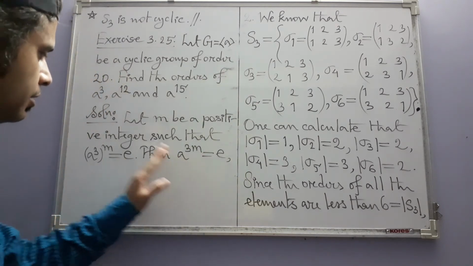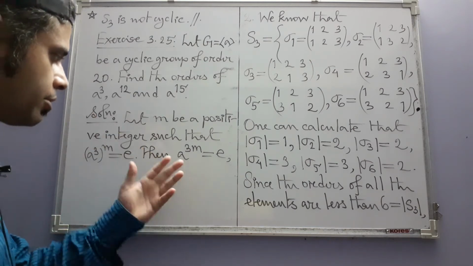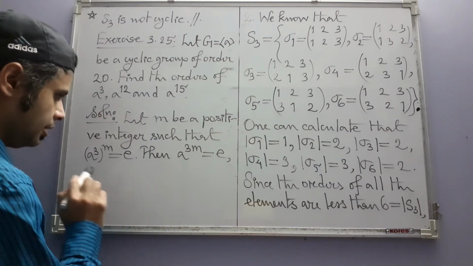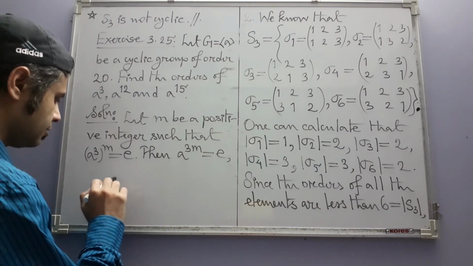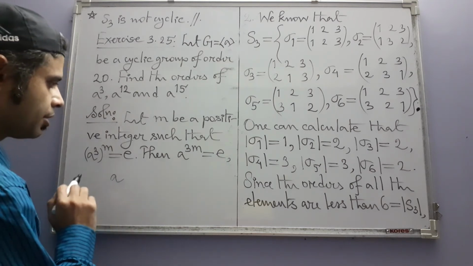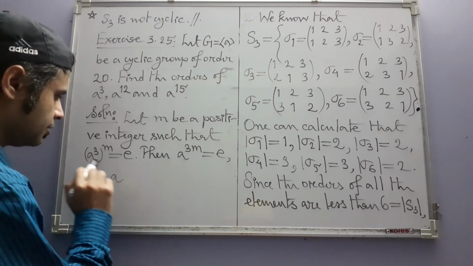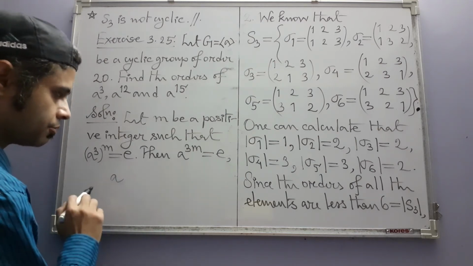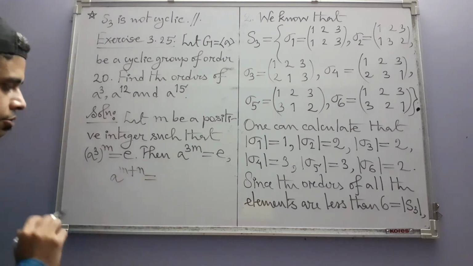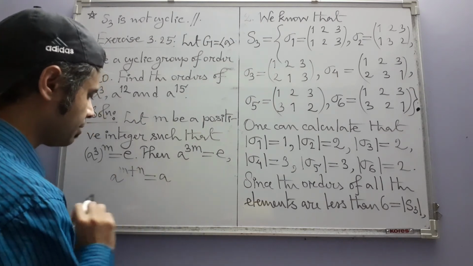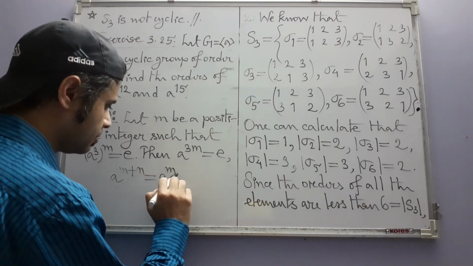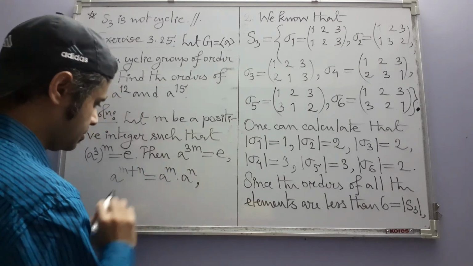What have we done here? Here we have used one of the laws of exponents, or one of the rules of exponents. You see in this section that if you take any group element A from some group and say m and n are integers, then you will see there is one result which is not proved in the text, which says that these usual rules of exponents with which we are familiar from our experience with real numbers, for example, continue to be true in general groups.